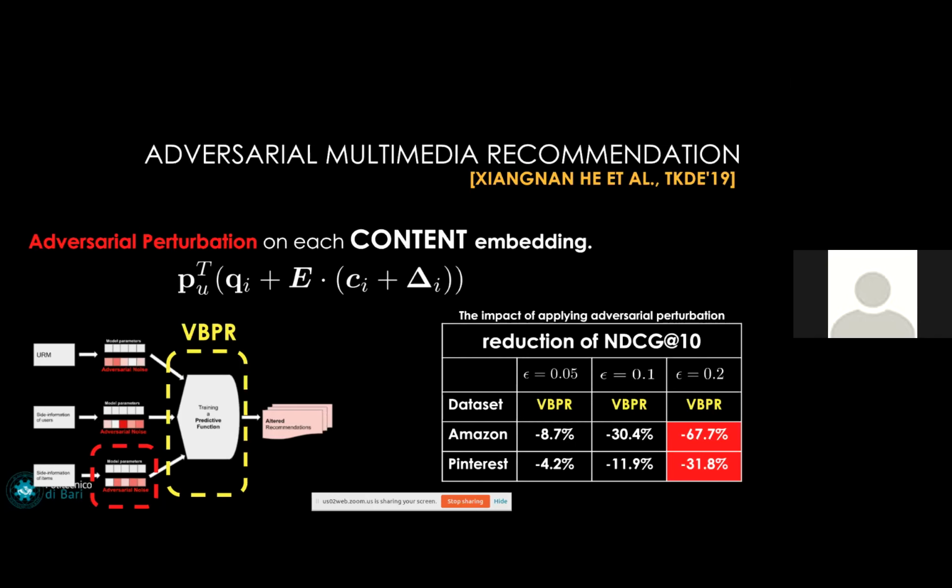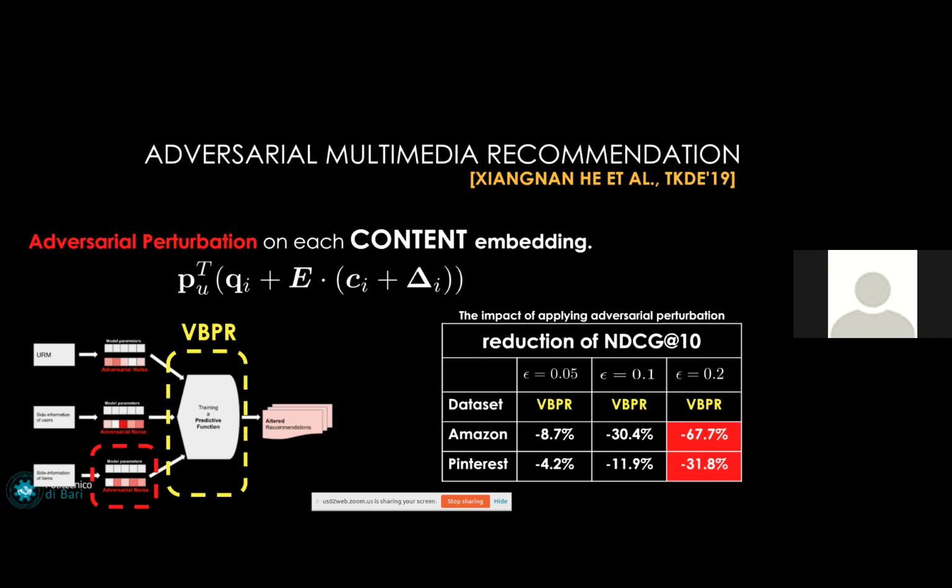What this research showed is that if you add these adversarial noises to the embeddings on the content side of the system, in VBPR, which is the extension of the matrix factorization predictor, we can still dramatically impact the outcome of the recommender system.